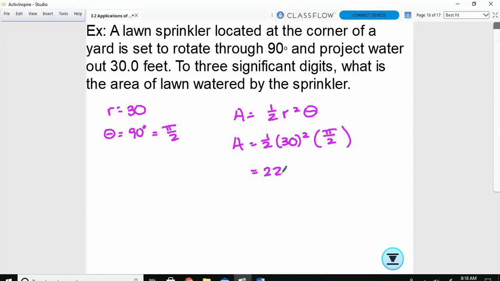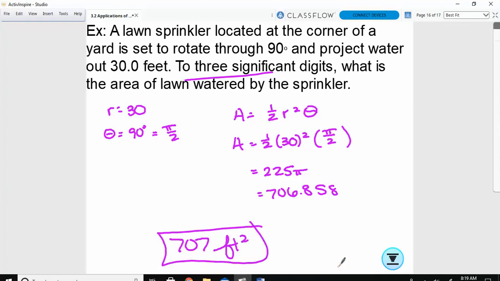So you get 225 pi, or if you multiplied out the pi, 706.85. If I said 3 significant digits, what would you have to round that to? 707. And what would my units be? All right. Are you okay with that?